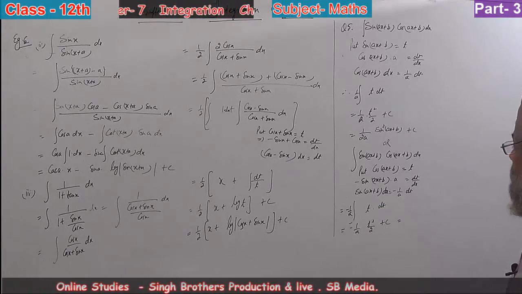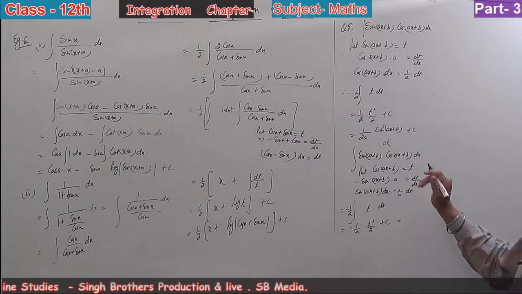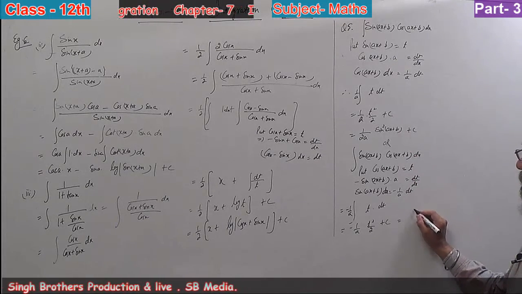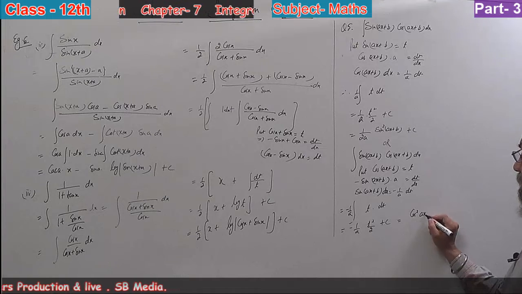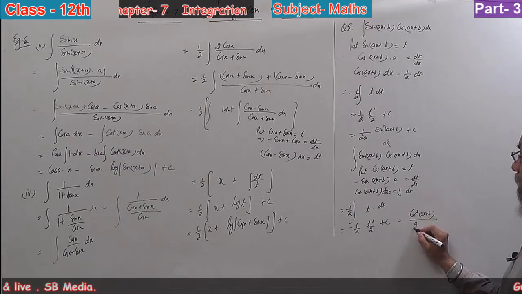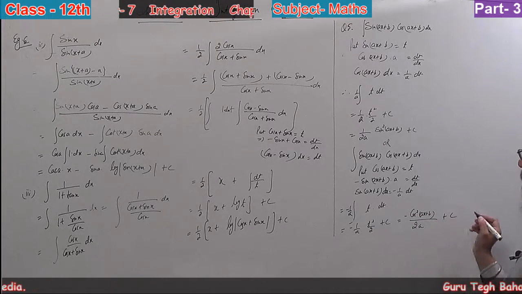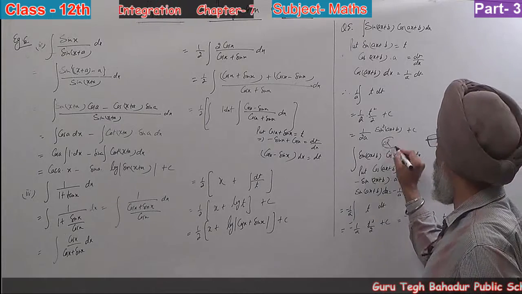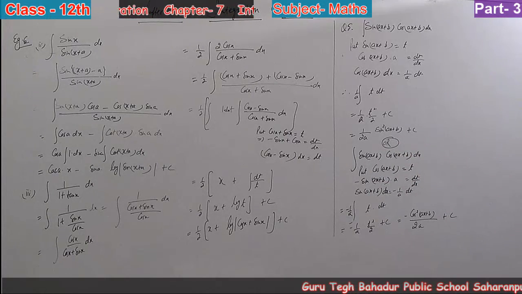Placing the value of t here, that is cos ax plus b, it becomes cos square ax plus b upon 2a with the negative sign plus constant of integration. This is the second method.